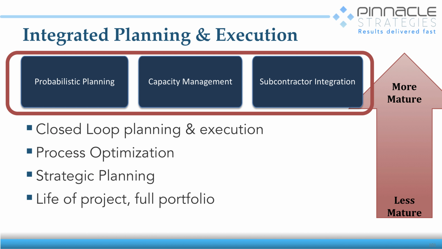Fully closing the loop and entering into probabilistic planning, capacity management, and subcontractor integration, and you start really focusing on strategic planning across a portfolio, life of the project, whatever the wavelength is.